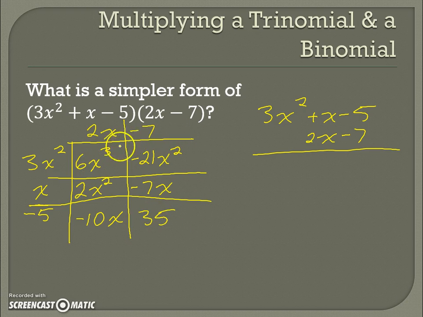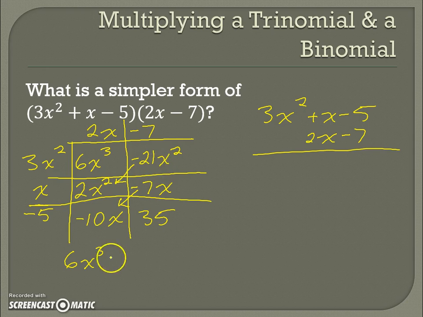You'll notice this kind of works like lattice in the sense that all these things work going diagonally. It's not always that way. But if you see some things, you could go ahead and start combining like terms. For instance, this and this are like terms, and this and this are like terms. So when I write this out, I'm going to start out with my largest degree. So that's 6x cubed.